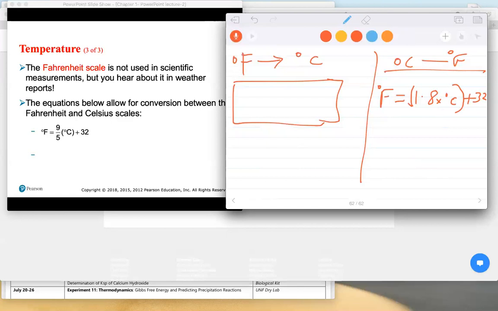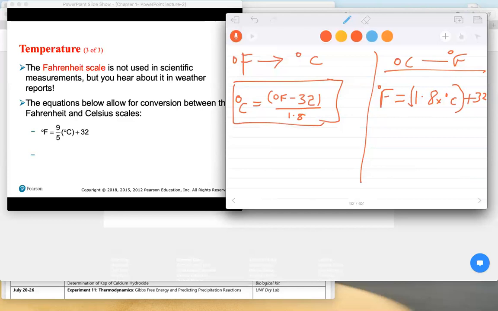The opposite of this, to change degrees Fahrenheit to degrees Celsius: degrees Celsius is given by degrees Fahrenheit minus 32, over 1.8. These are the equations you should be able to manipulate.